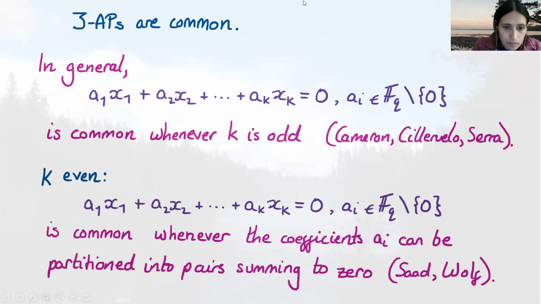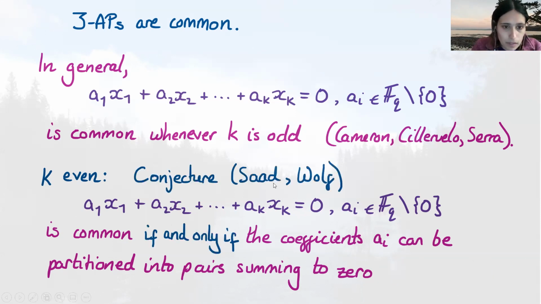So Saad and Wolf proved that if we have an equation with a similar setup, it's common whenever the coefficients can be partitioned into pairs which sum to 0. If you do that, I think, a kind of Cauchy-Schwarz sort of argument shows that this is always going to be common.